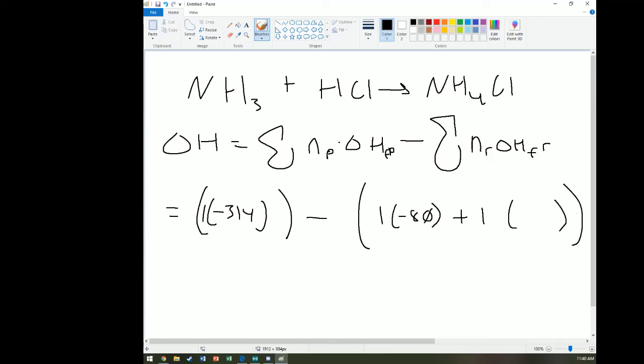Just give me a moment here. We'll find it eventually. Okay, fluorine, bromine. Where's chlorine? Carbon, carbon continued. Chlorine. HCl is minus 92.